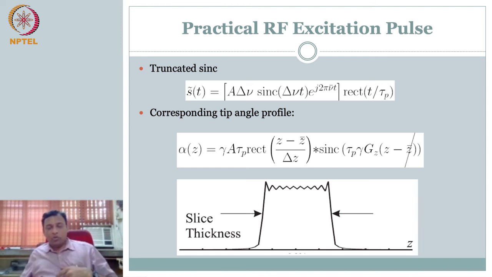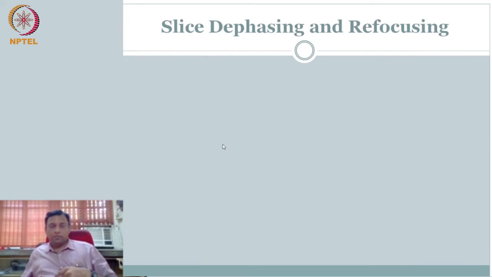But what I have now is, within this bandwidth, I have different frequencies, right? So before going any further, if you think about it, within this thickness, I have Z bar, the center of the slice, and minus delta Z by 2 and plus delta Z by 2, the either ends.